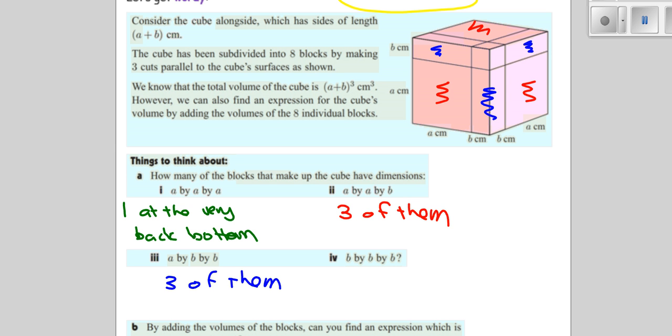How many? We can probably guess. There are 8 blocks in total. How many are going to be b by b by b? Just 1. You don't need to write "of them." Where's the first one? The very first one is right at the very back and bottom that we can't see, diagonally opposite this blue one here, but at the very back.